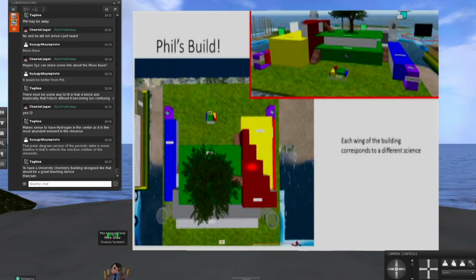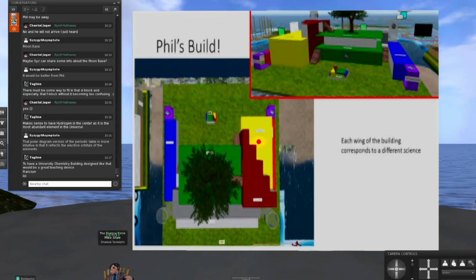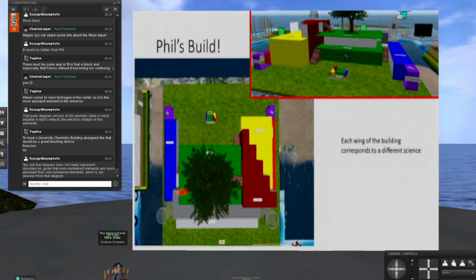Brown and yellow is our main group P block elements. Metals are in brown, non-metals in yellow. There's a thin strip of noble gases, and we have green for the D block elements, and down at the front there are the lanthanides and actinides.